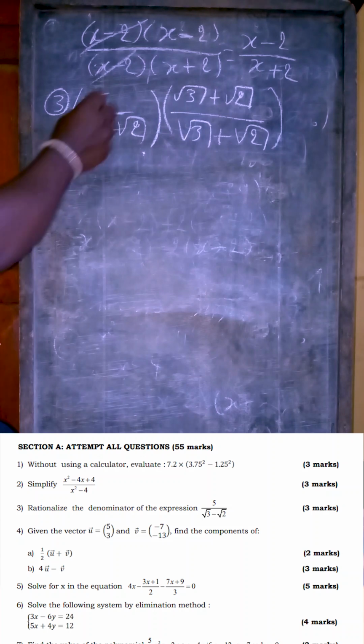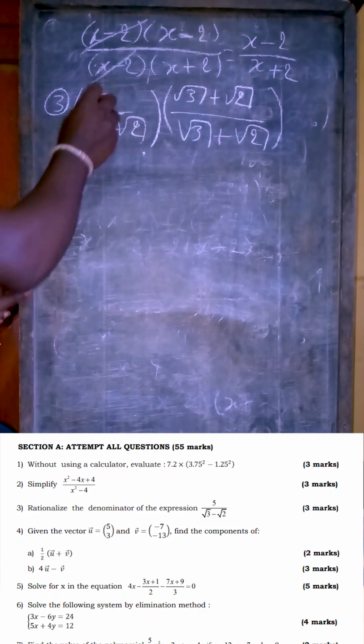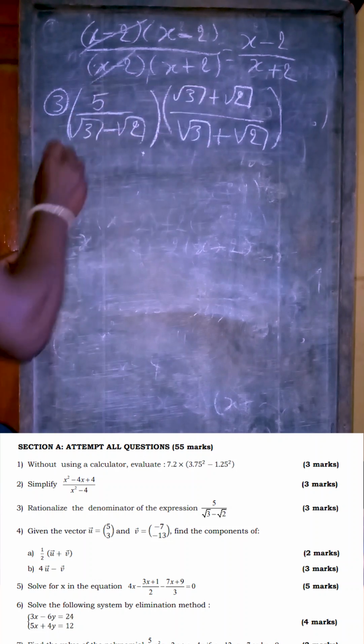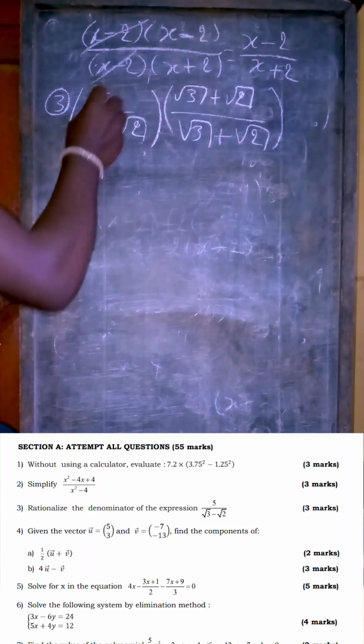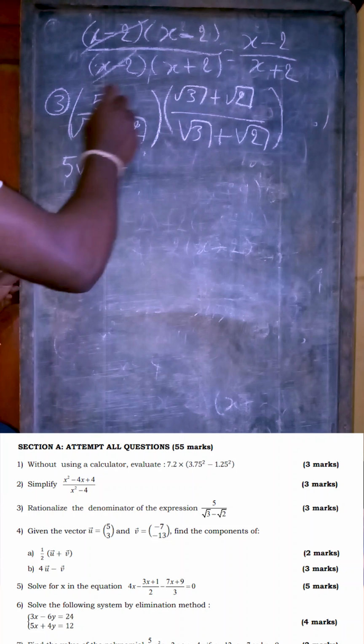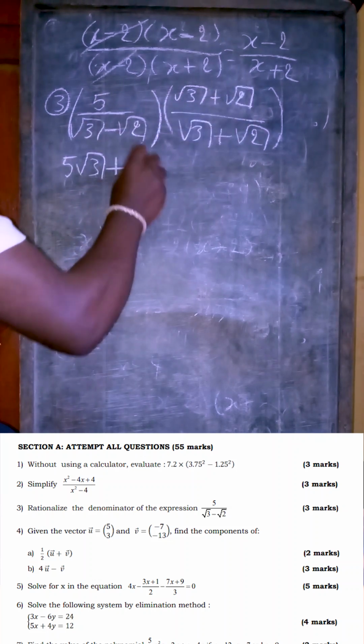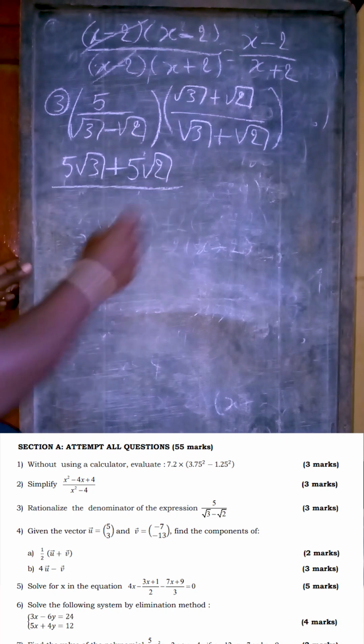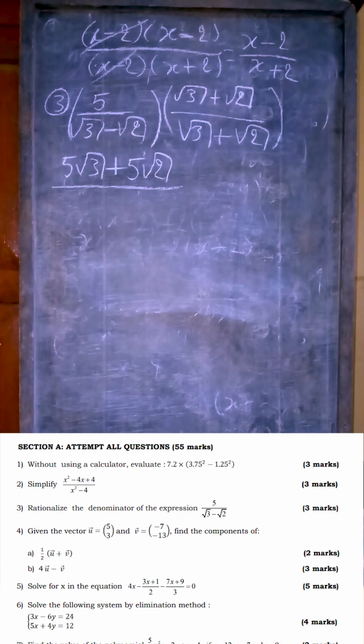And after this, numerator times numerator: 5 is going to multiply the square root of 3, it will be 5 square root of 3. Then plus 5 times square root of 2, it is 5 square root of 2. And after this, we also multiply the denominators.